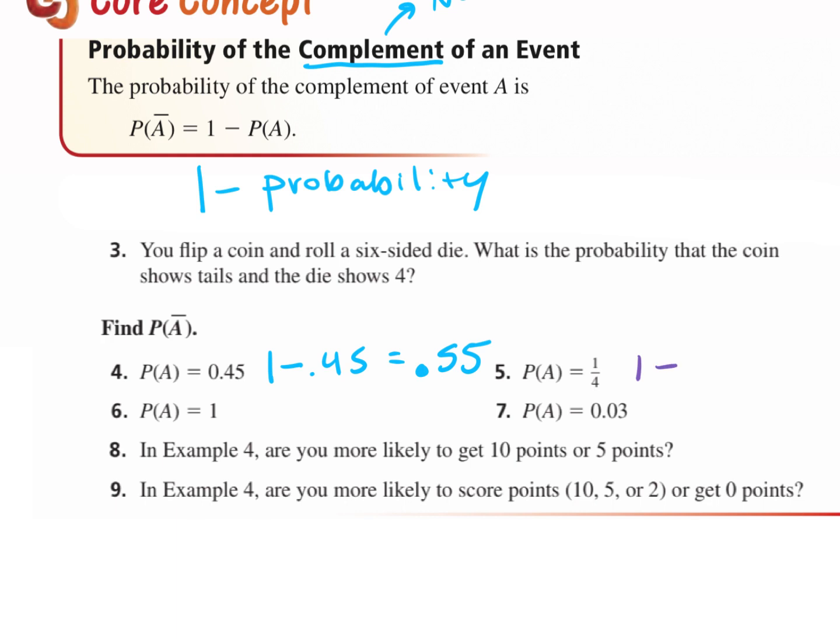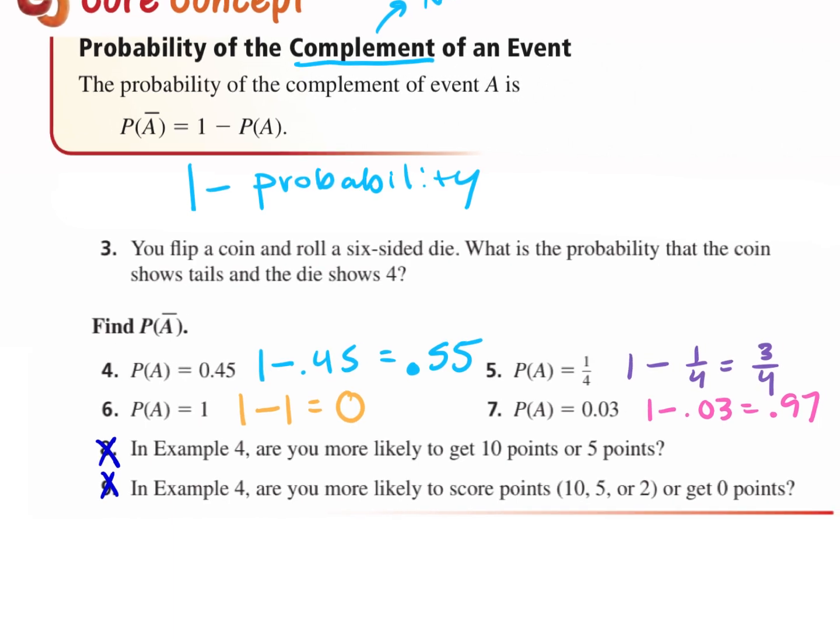So what's 1 minus 1/4? 3/4. Next, I have 1 minus 1, which is 0. And then for number 7, 1 minus 0.03, which is 0.97. You can skip 8 and 9 because those go with example 4, so just get rid of them.